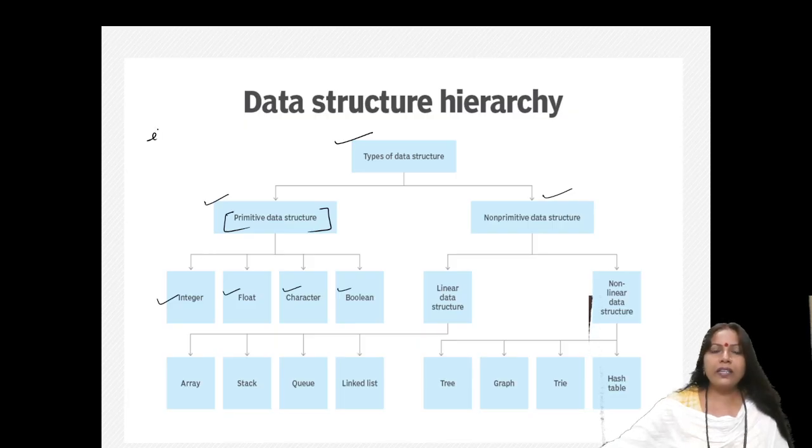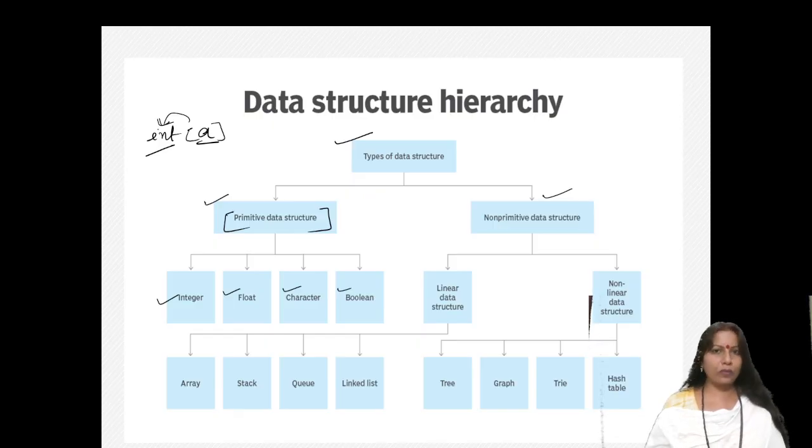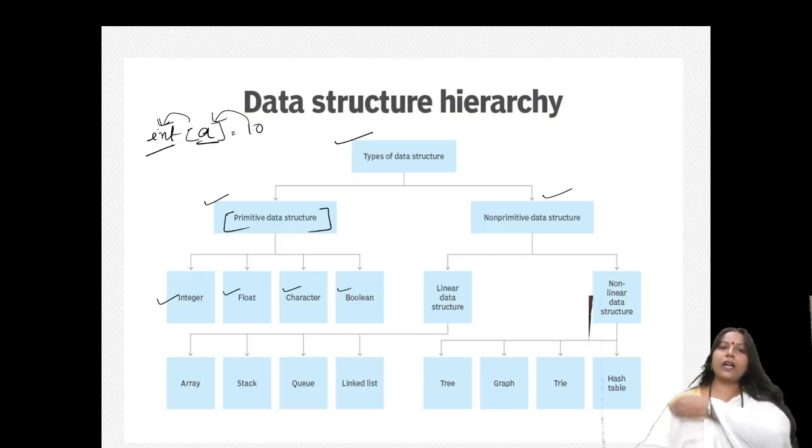Simple. Declaration is what? Any variable a, and here I use int. This means this variable a is of integer data type. ये value store करेगा जो कि हमारा integer data types का होगा.